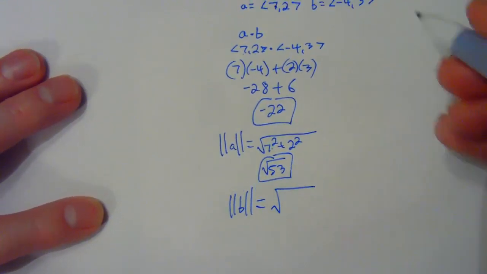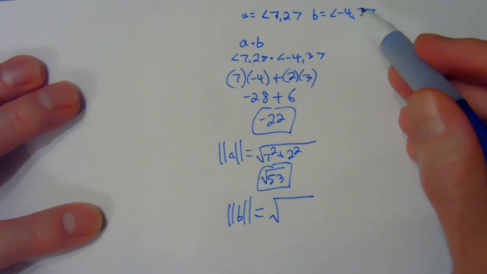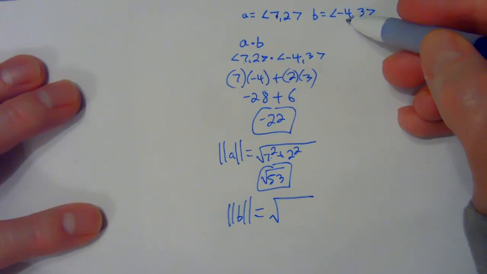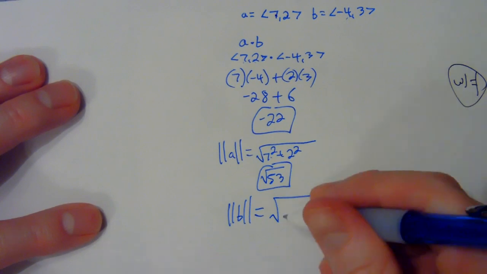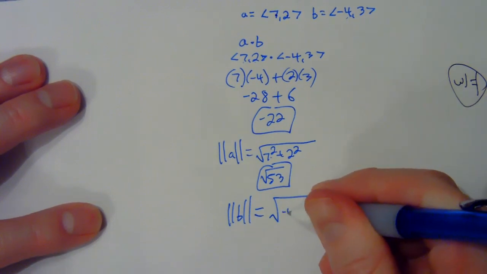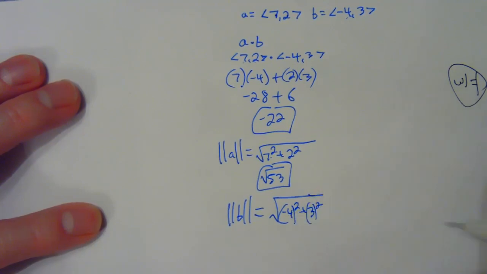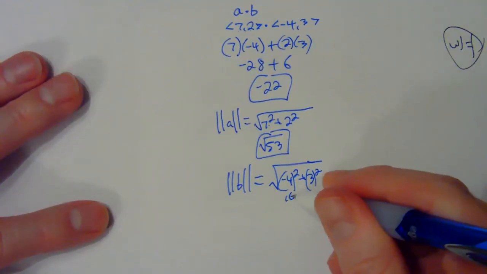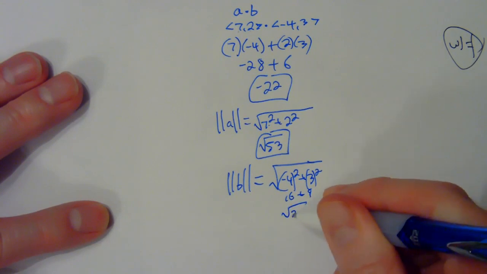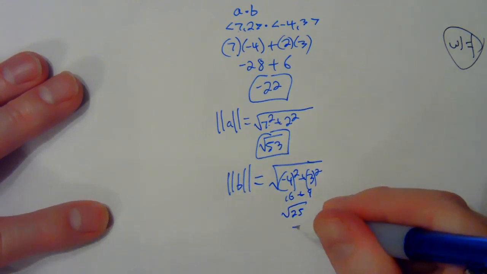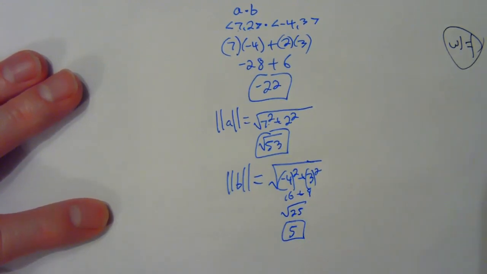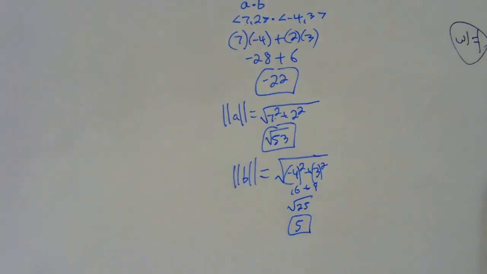I'm going to do the square root of this thing squared plus this thing squared. Now when you square -4, it's -4 in parentheses squared. So it's -4 squared plus 3 squared. Always put that negative number in parentheses. You're going to get 16 plus 9, the square root of 25, which is equal to 5.